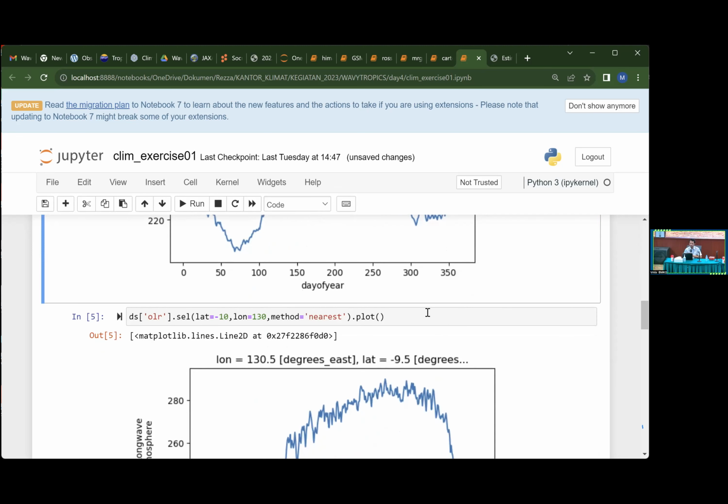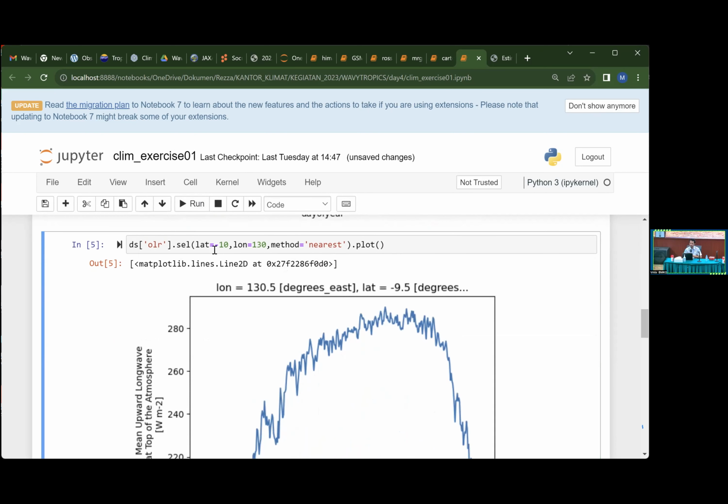And we also want to see something like this. You select which latitude pixel and longitude pixel, you just enter the number, and it will search for the nearest point and then plot.